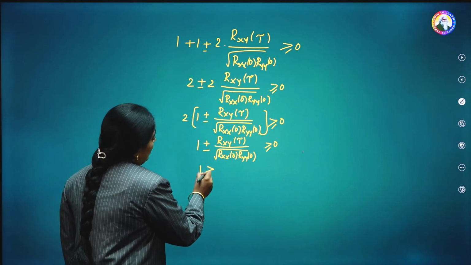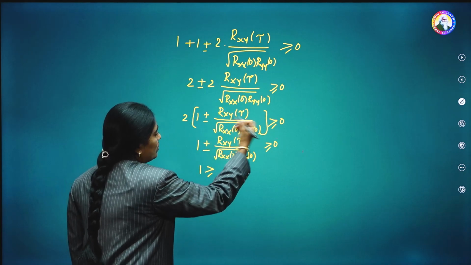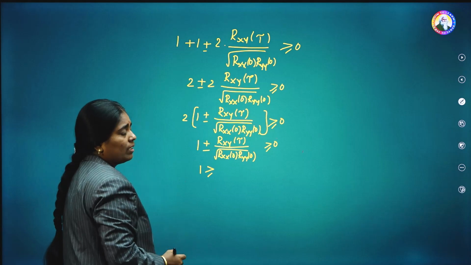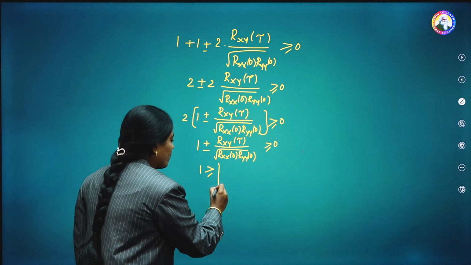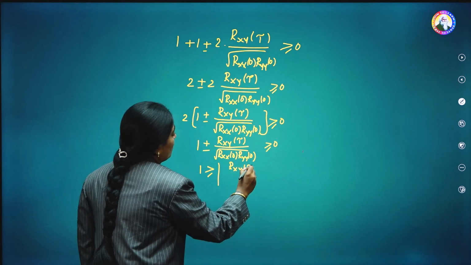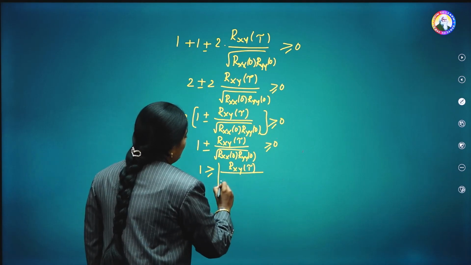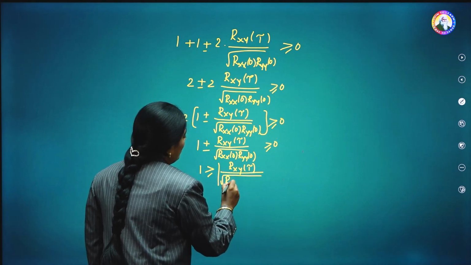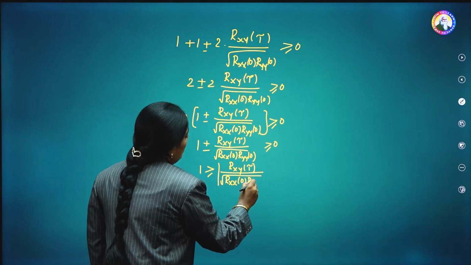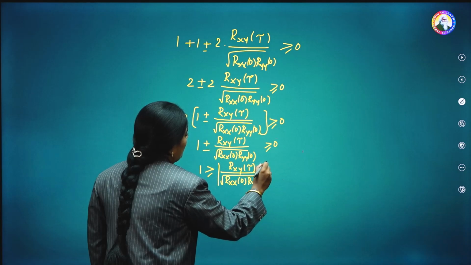This is greater than or equal to, this entire term will go to the RHS side, because plus or minus is there, then that will become mod of R xy of tau by square root of R xx of 0 into R yy of 0.